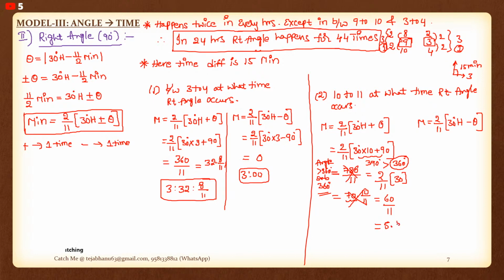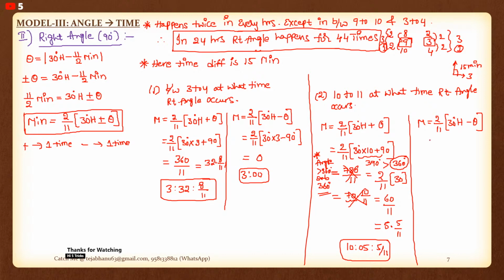Remainder is 5 by 11. That means at 10 5 by 11 minutes, we'll get a right angle. Keep in mind, this is the mistake you can make. If the angle is greater than 360, you have to subtract 360 from that.